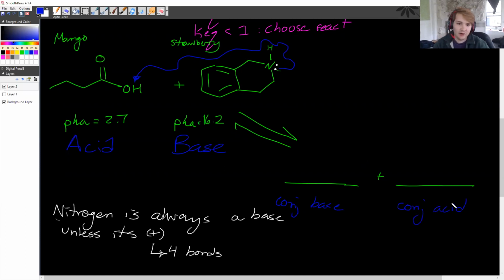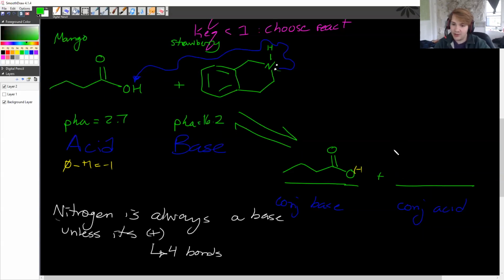We can fill in all that information. At this point we can even copy our structures and show what they're going to look like. Mango is going to be donating this hydrogen, and we can check it with the math: it's currently neutral, it's losing a positive charge, so it's going to have a -1 charge.